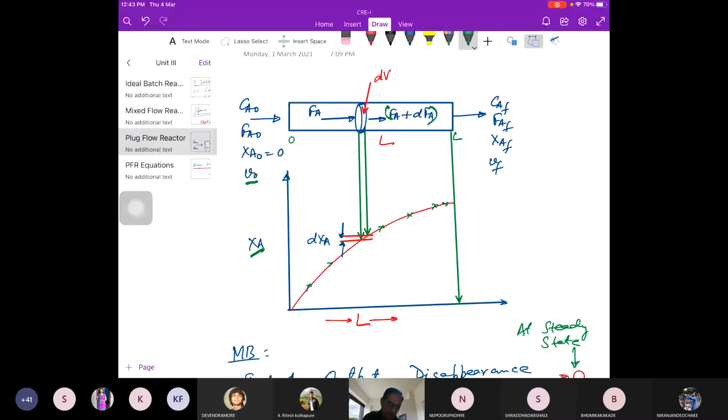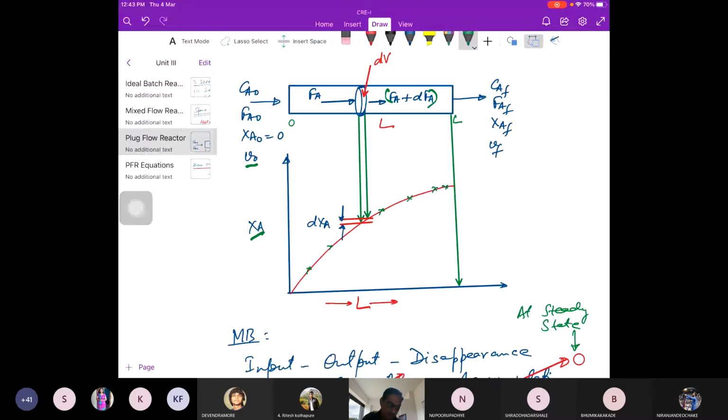और अगर concentration plot किया हमने, suppose I plot concentration, concentration कैसे आएगा? Any guesses? How does the concentration curve look like?